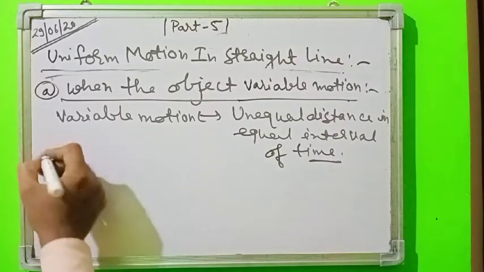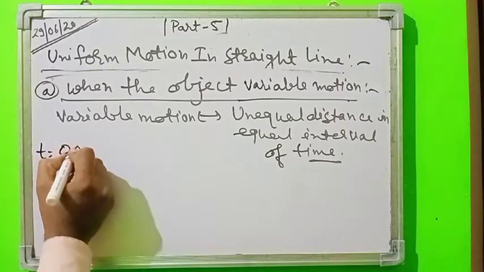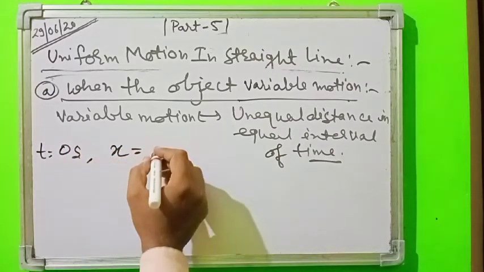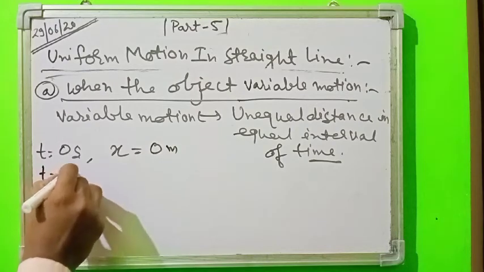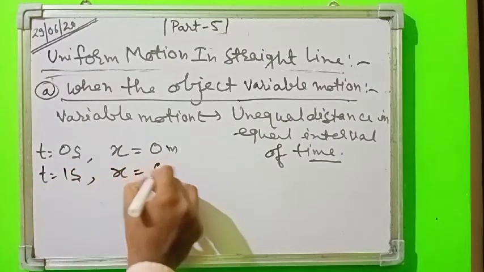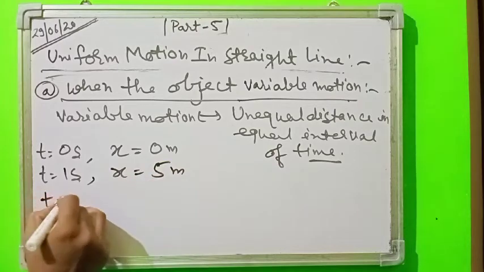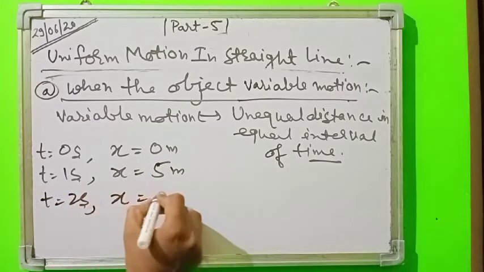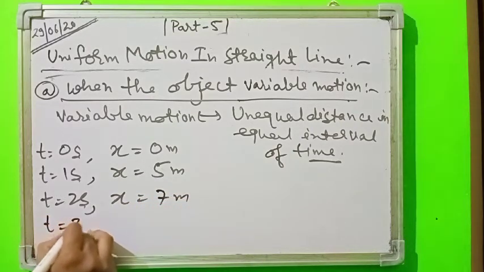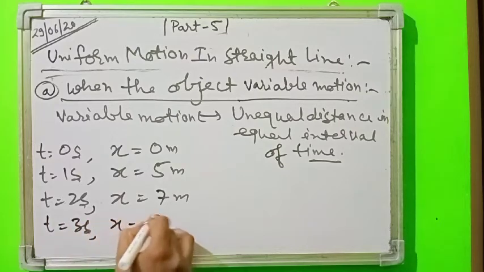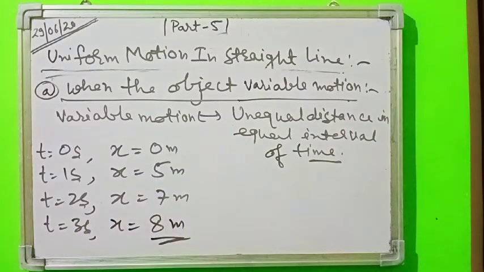Suppose at t equal to 0 second, the position of the object is 0 meter. At t equal to 1 second, 5 meter. At t equal to 2 second, the position is 7 meter. At t equal to 3 second, the position is 8 meter. This means the change in position of the object is not fixed. Somewhere the object is moving very fast, somewhere slowly.